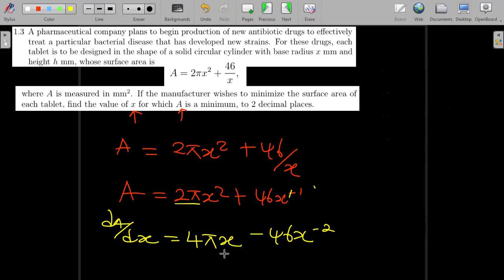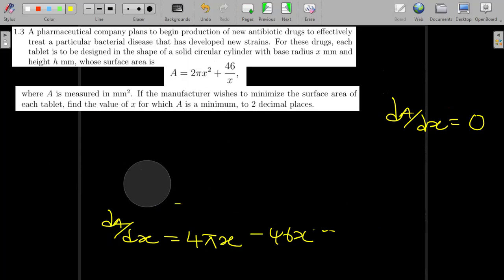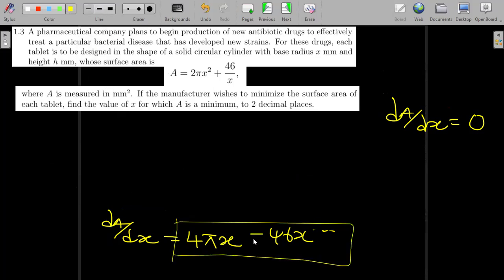So it means this one is our derivative, or our dy/dx, or our gradient, or the value at the turning point. But we know that dA/dx at the turning point is always 0. So for us to find the value of x for which A is minimum, we just have to equate this to 0 and solve for x.